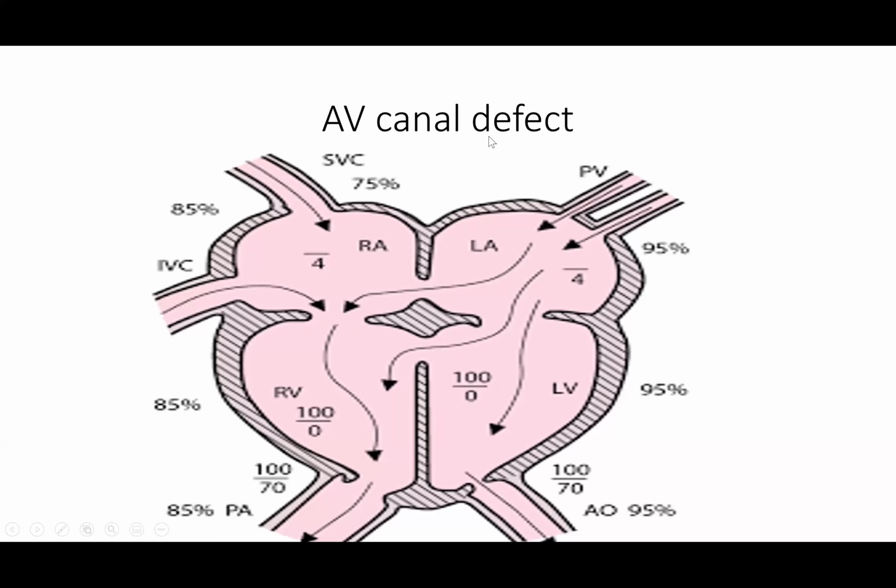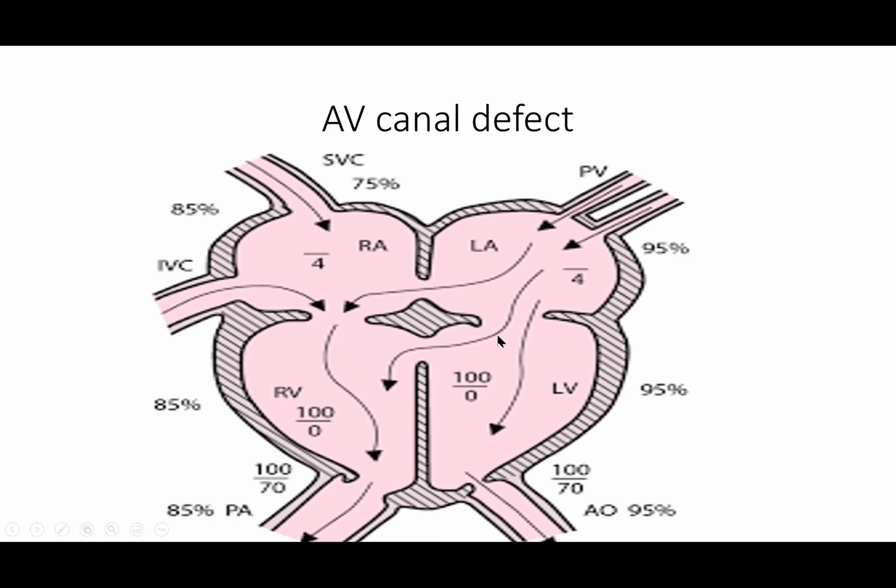So you have a deficiency in the atrial septum at the lower end. That's a primum defect. You have a defect in the membranous part of the ventricular septum. That's a membranous VSD. And then they also tend to have problems with the tricuspid valve and the mitral valve.